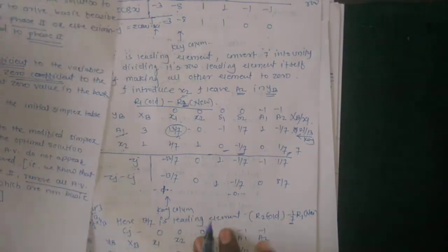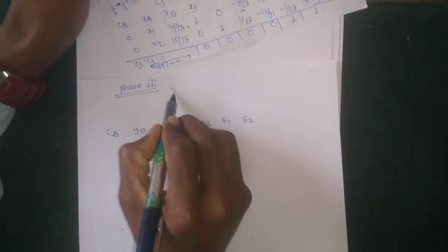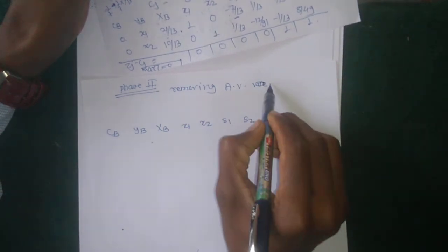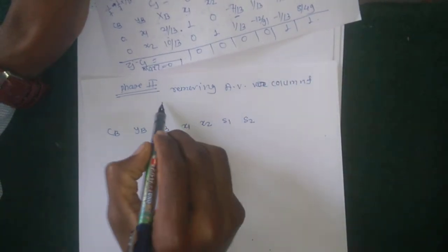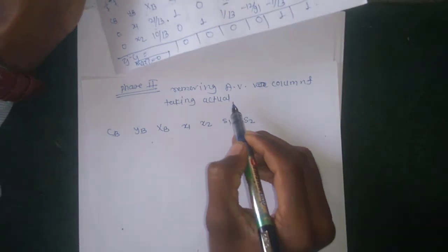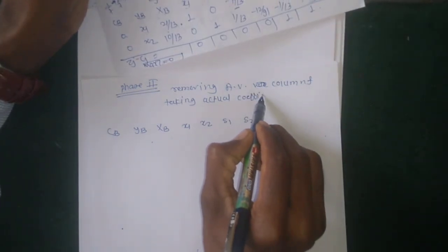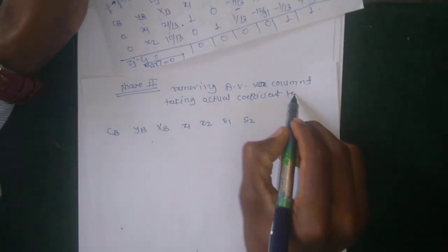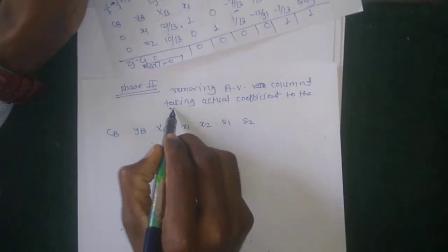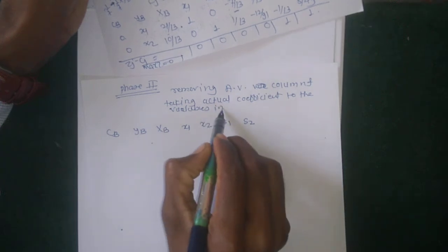Okay, and therefore here we directly write this column, removing artificial variable column and taking actual coefficient to the decision variables in the objective function.